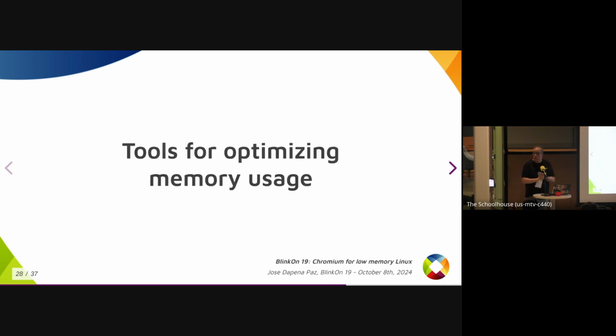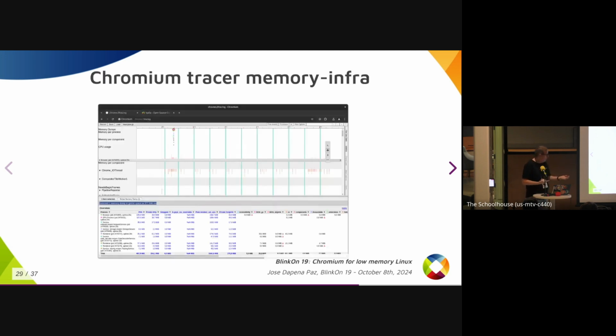Okay, and what do we have for working on the memory problem space? I think that the nicest thing or the most worked-on thing here is memory-infra. So basically, we have in the incremental tracing a way to collect, every few seconds, or however you tune that, information from the components that support this.